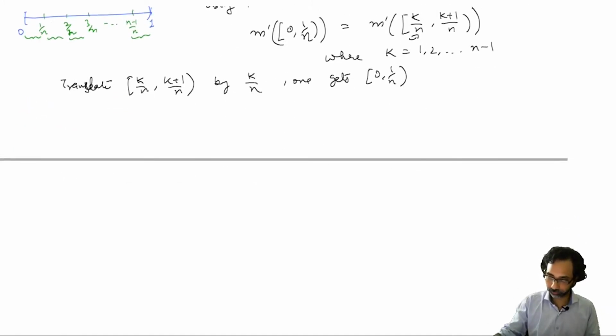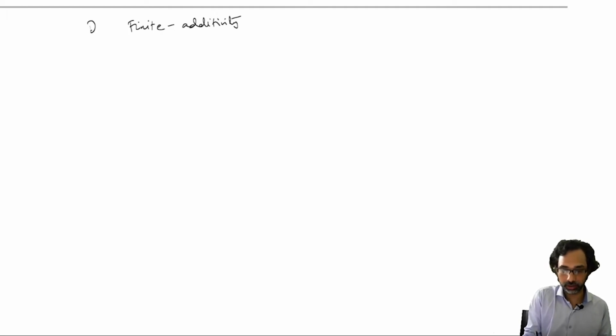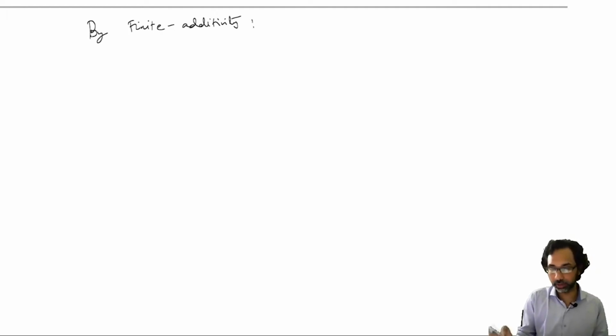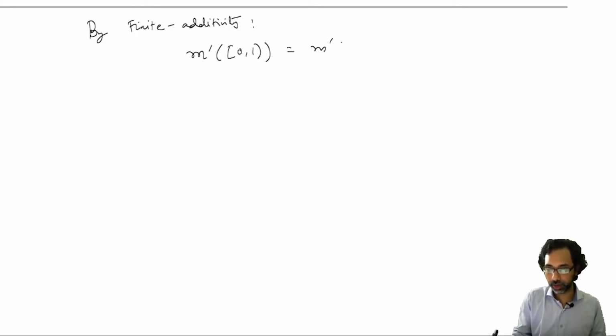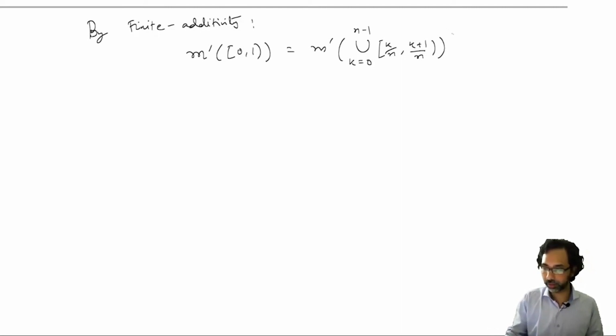Therefore, now I am using the finite additivity property. So by finite additivity we have that m prime of [0, 1), which was m prime of the union of [k/n, (k+1)/n), k equal to 0 to n minus 1, and this is a disjoint union.